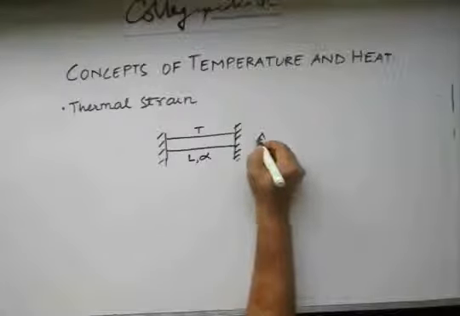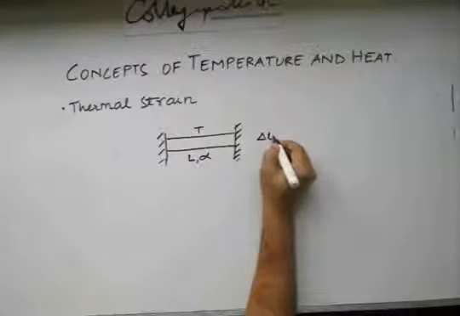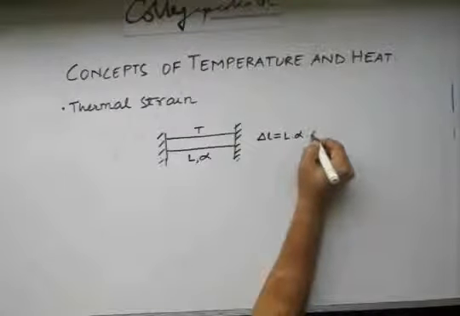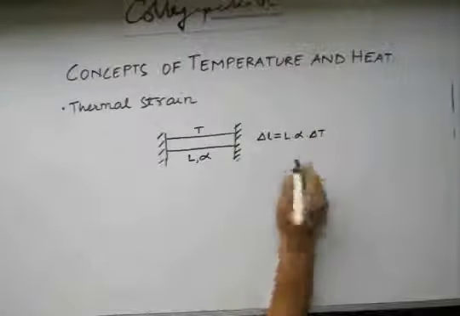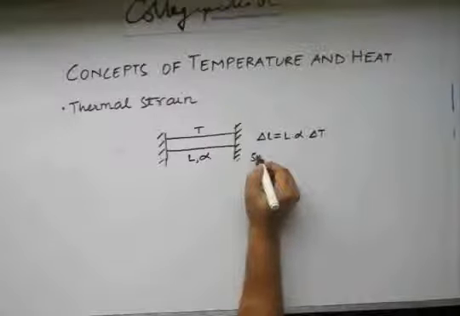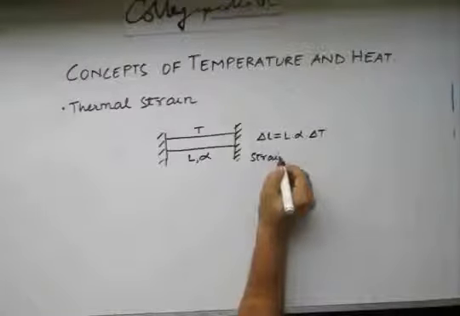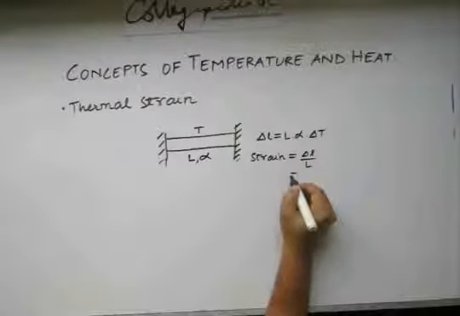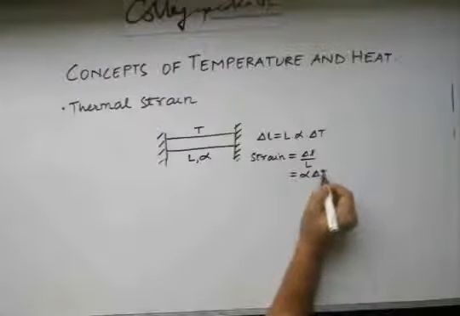So the delta L which is induced in the rod will be L into alpha into delta T. Therefore, the strain induced in the rod will be equal to delta L by L, which is nothing but alpha delta T.